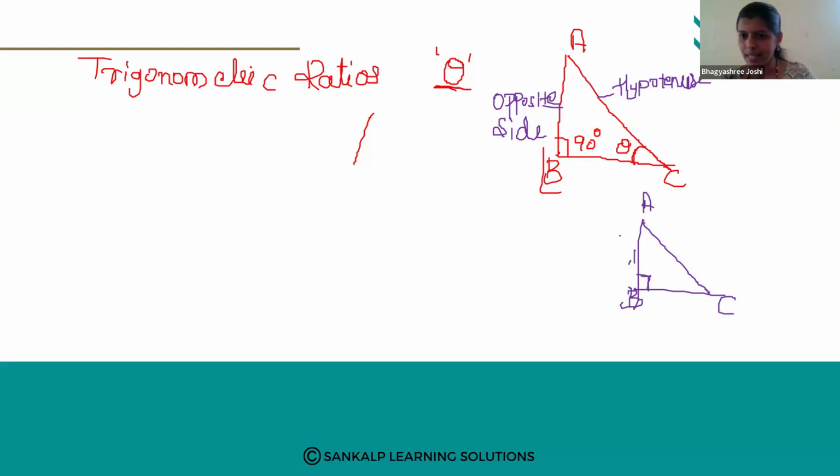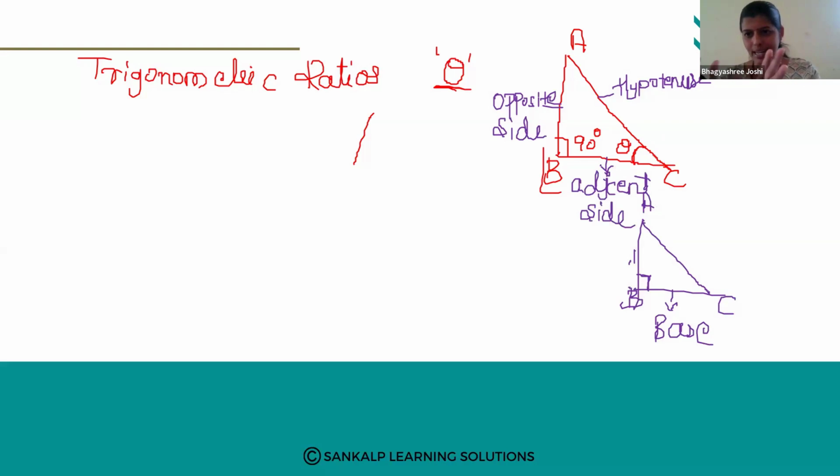Angle B is 90 degree. In general we call this side the base. In trigonometry, we call this base the adjacent side. So this is the adjacent side.